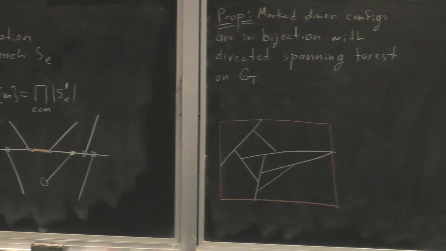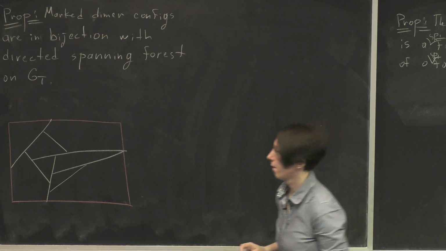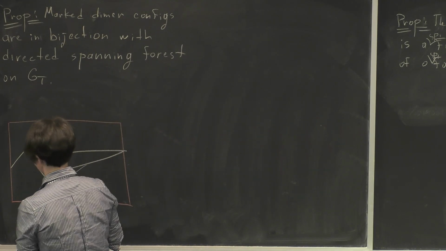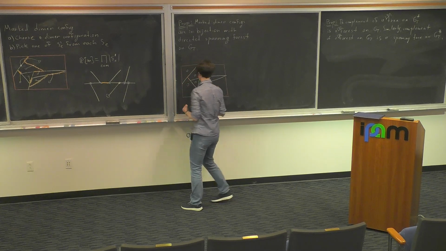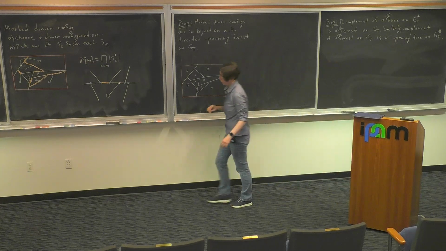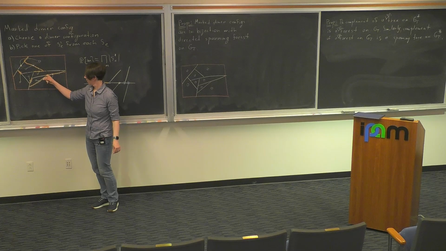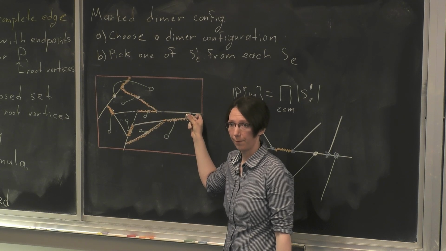So how do we construct a tree starting from this marked configuration? We have these white faces, and we have a dimer configuration with a choice of marked piece of the T-graph, which is a single edge of a T-graph, right?